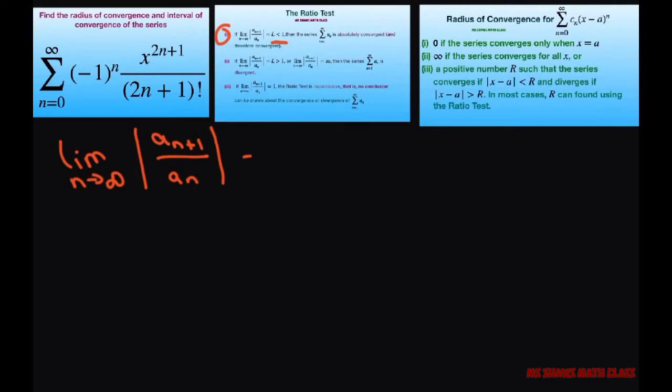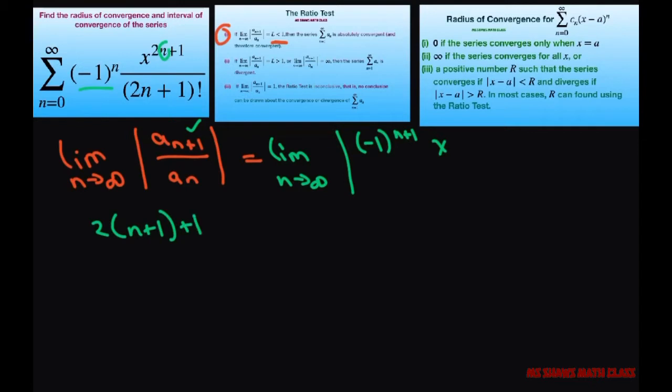All right, so this is going to equal, I'm going to do a little side notes here. The limit as n approaches infinity, absolute value, and then we have this -1 to the power of n plus 1. I'm doing the numerator first, times x to the 2 times n plus 1 plus 1, which is going to give you 2n plus 3.